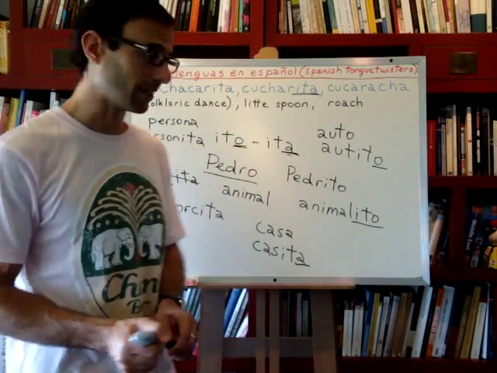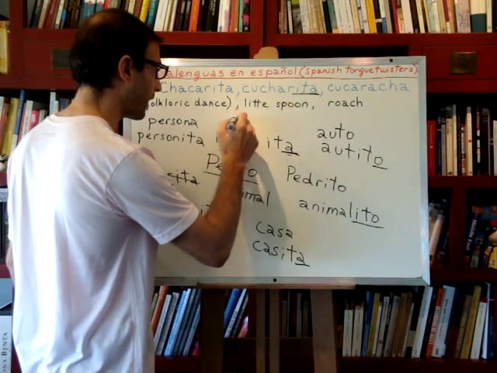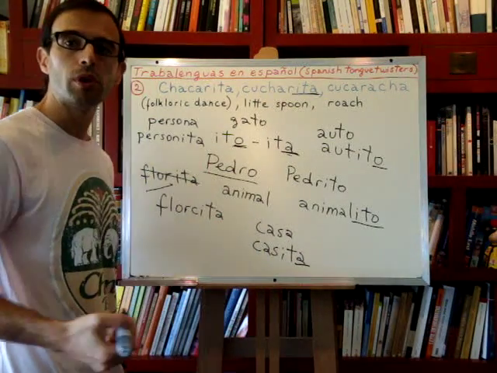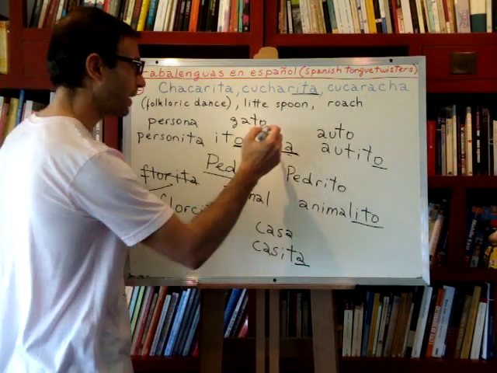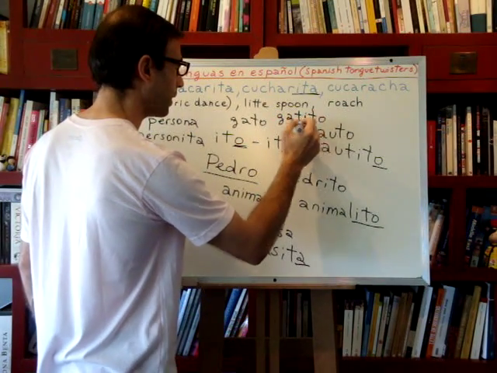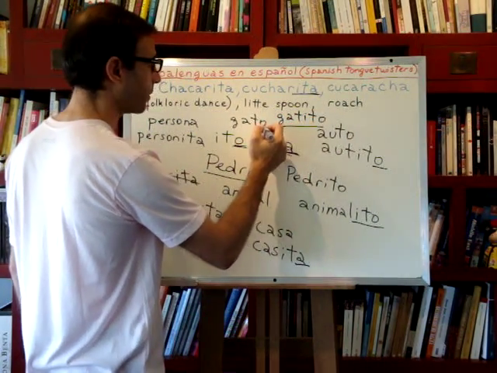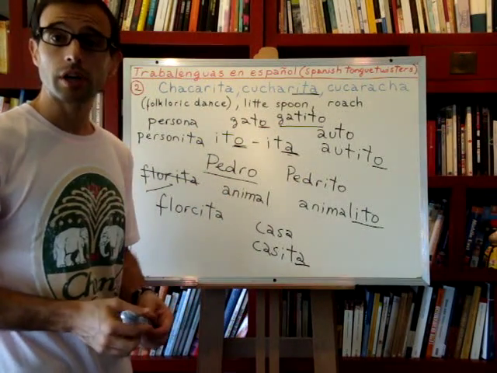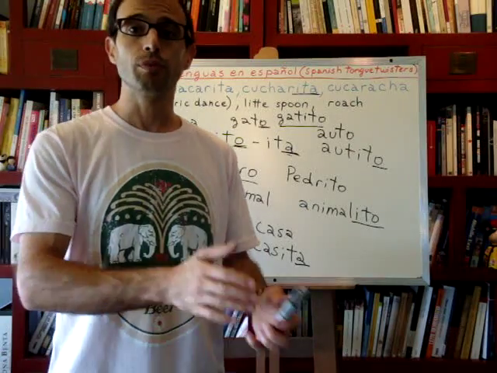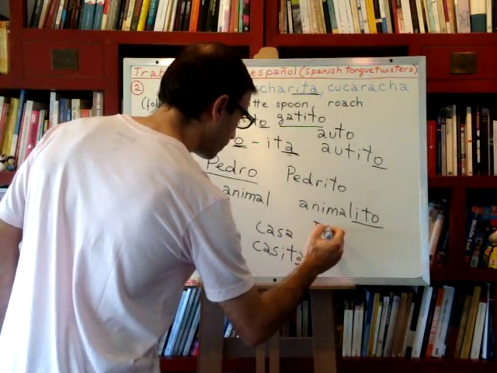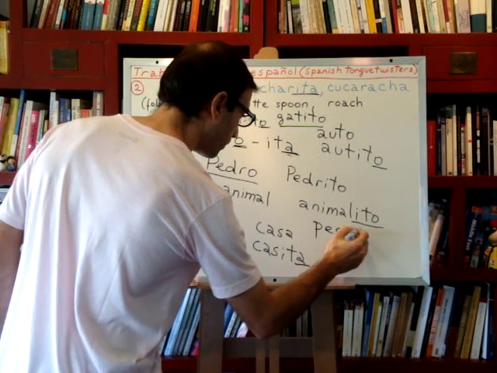Now, let's see. A cat, a small cat. The word for cat in Spanish is gato. So, a small cat, we say gatito. Gatito, okay? Because a cat is masculine word in Spanish, gatito. And for a dog, how would we say a small dog in Spanish? We say perrito. Perrito, okay?